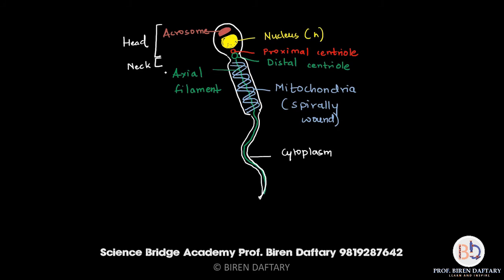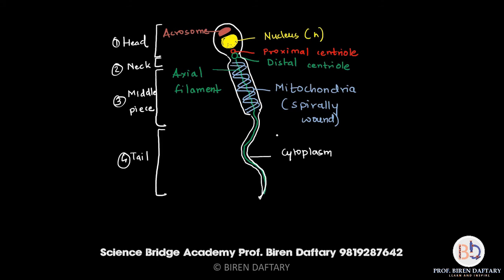Below the neck, the remaining wide portion in which the mitochondrion is present is called the middle piece. And finally, the thinnest portion of the sperm having the cytoplasm and the axial filament is called the tail. So head, neck, middle piece and tail together form the sperm. Alright, so that is the structure of a human sperm.